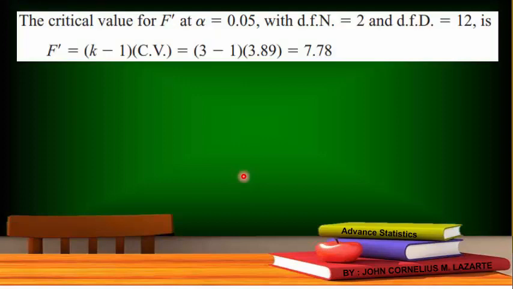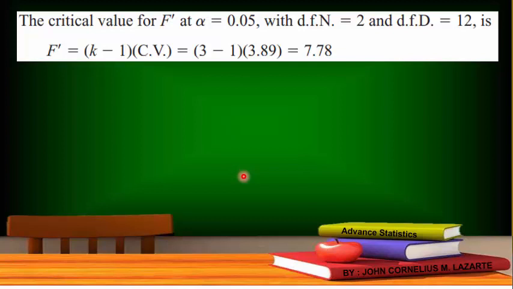The critical value of F at an alpha of 0.05 with degrees of freedom numerator 2 and degrees of freedom denominator 12 is 3.89, which we got earlier using the F table. We substitute: k minus 1 times the critical value, which is 3 minus 1 times 3.89.